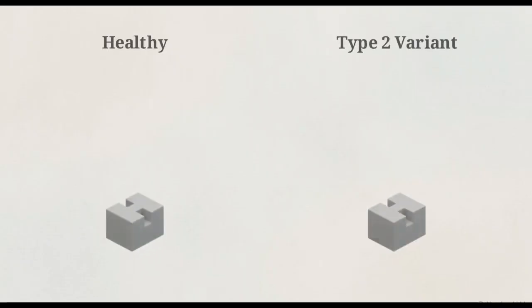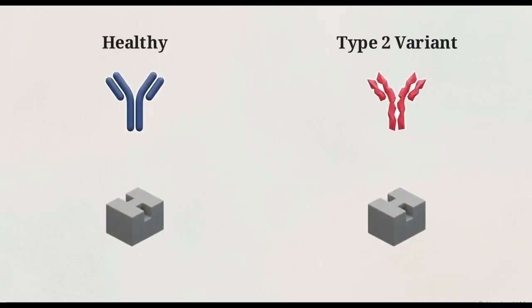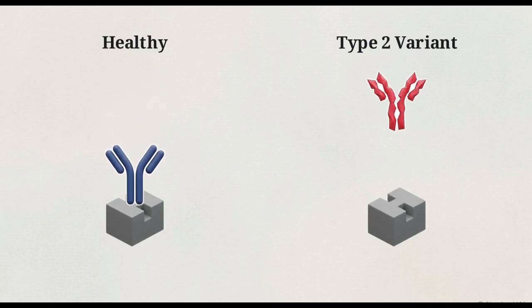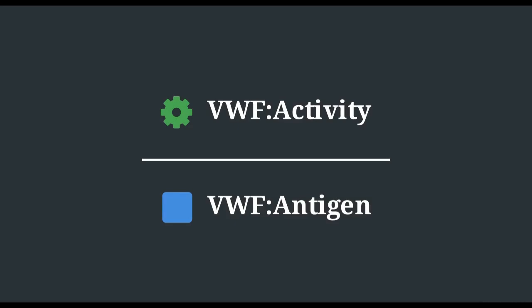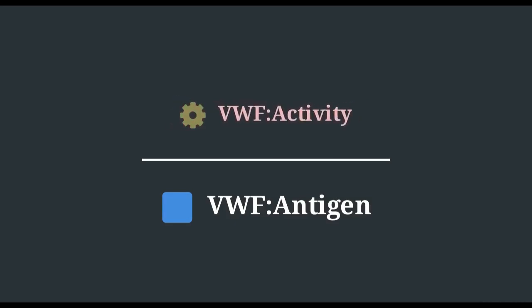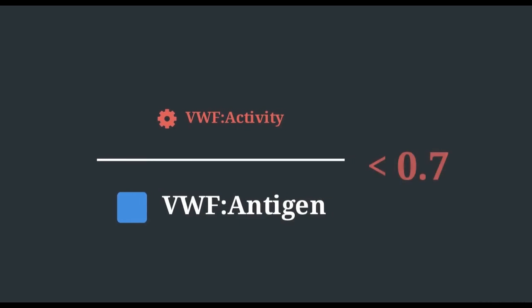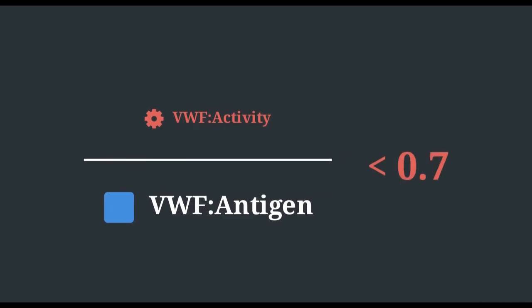Specifically, we are measuring an impairment at the GPIB binding site via VWF GPIBR or GPIBM assays. Healthy multimers successfully bind to platelet receptors, while the mutated variants simply cannot dock. Because the protein fails to bind, the activity score in the numerator of our ratio drops sharply, while the total antigen in the denominator remains relatively stable.